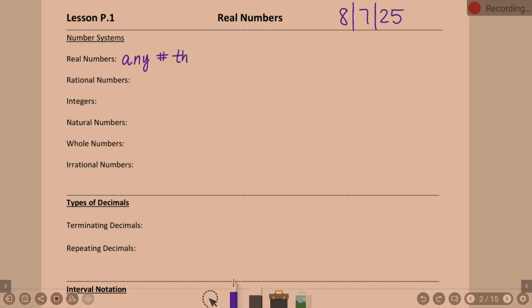Any number that can be written as a decimal is what I officially put. As I said, including something along the lines of the non-imaginary numbers, it also includes everything below.